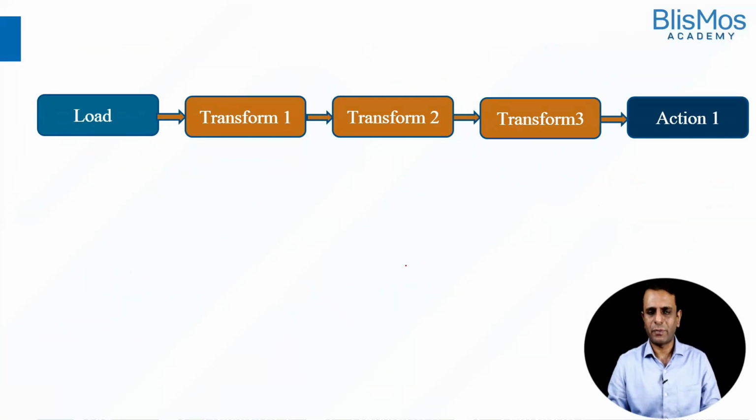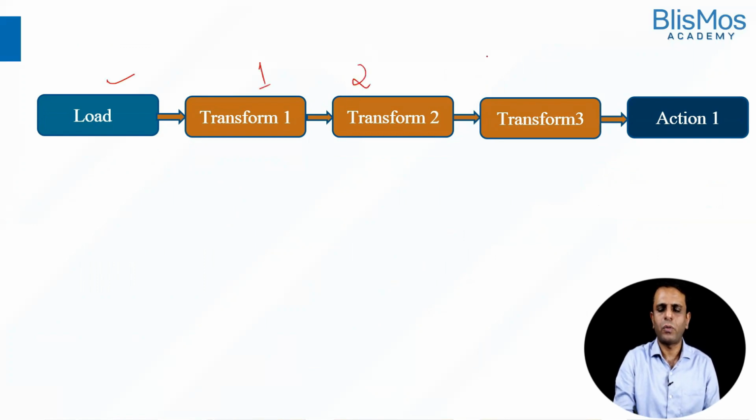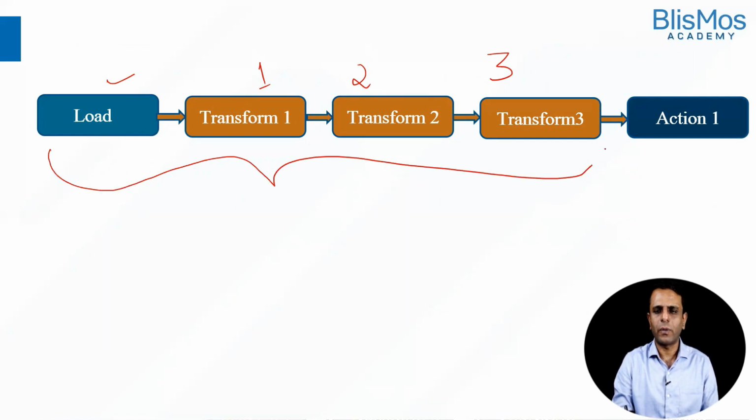One important aspect here is, we have a load happening. Then in the same example, we have transformation 1, 2 and 3. So what essentially happens is, even though you have built these 3 transformations after loading, until you trigger an action, computations are not happening.